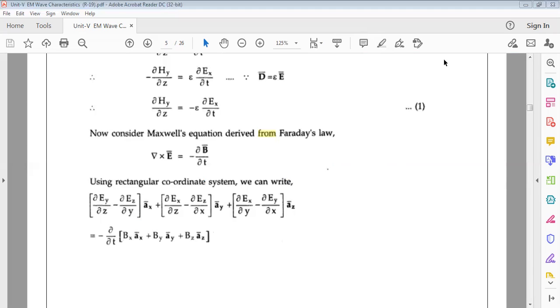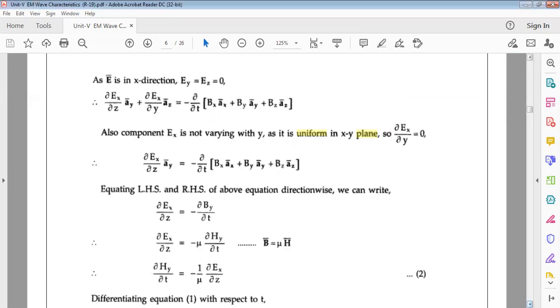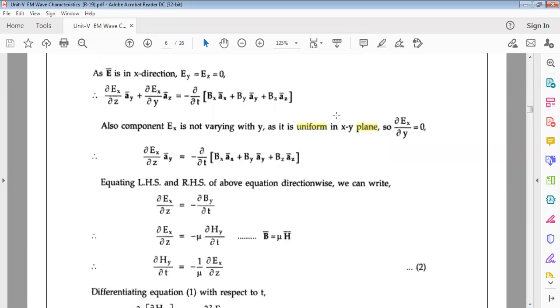So now, in the right hand side, comparing only the By term, minus dou by dou t of By, and dou Ex by dou z. Both are in the y direction. Got it? So finally we got dou Ex by dou z is equal to minus dou by dou t of By. Now the B term we can replace with the H term with the relation B bar is equal to mu into H bar.